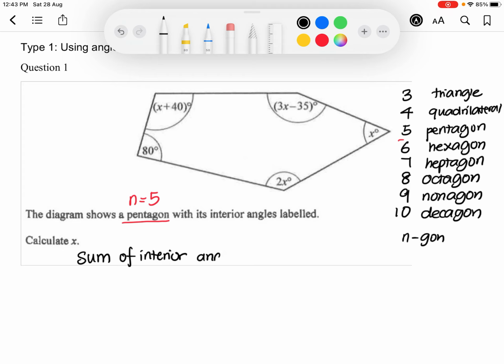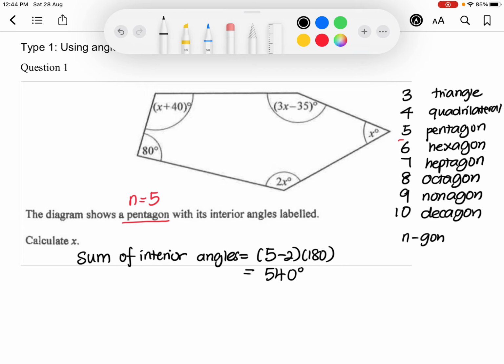The sum of the interior angles is given by the formula n minus 2, in this case n is 5, minus 2 times 180. Do not divide by n. I'm not looking for one particular angle, I'm looking for the total angle. So that will give me 540 degrees.